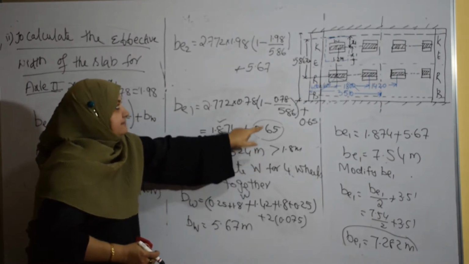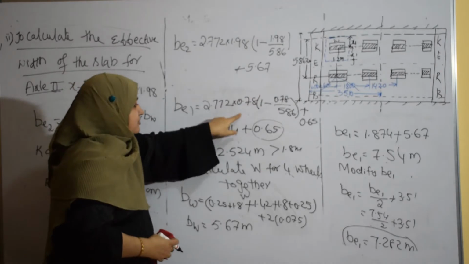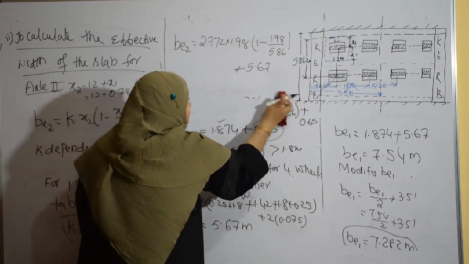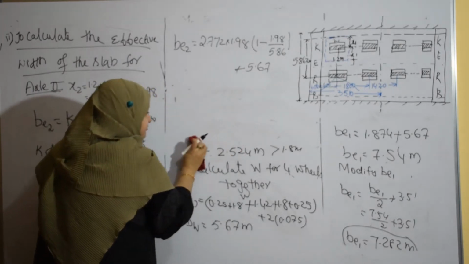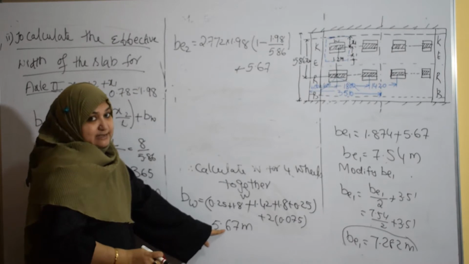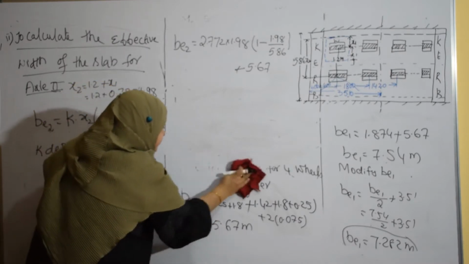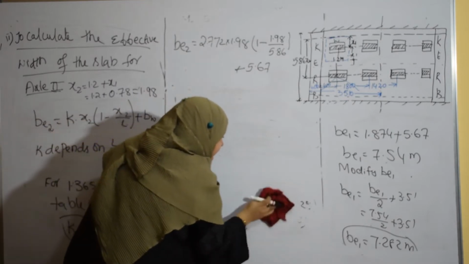That is why I am directly taking it, because we already did all those calculations for axial 1. We need not do it again. Directly I can take BW for 4 wheels together, that is 5.67. How we calculated it, we already know. So taking use of that, I will get the effective width for the second axial.